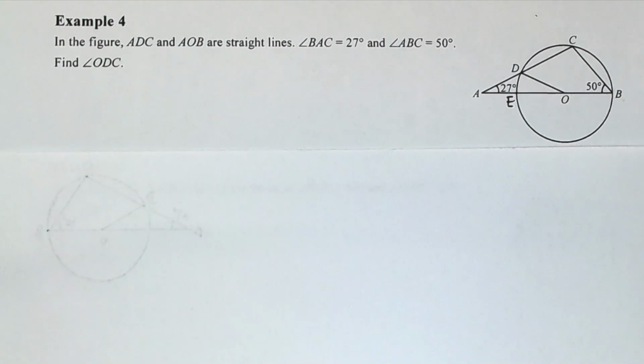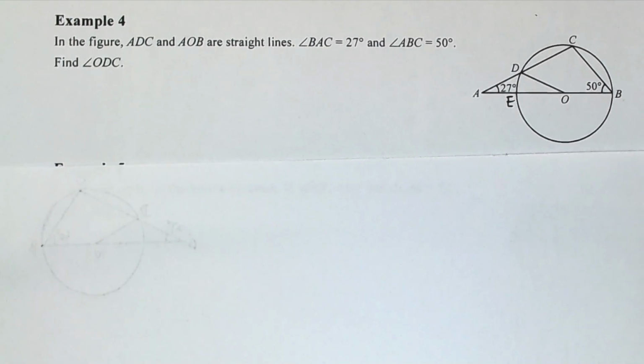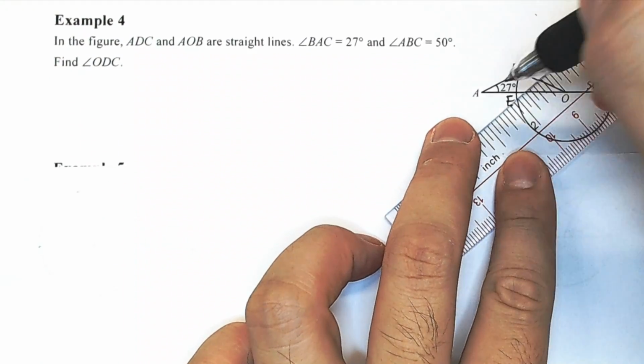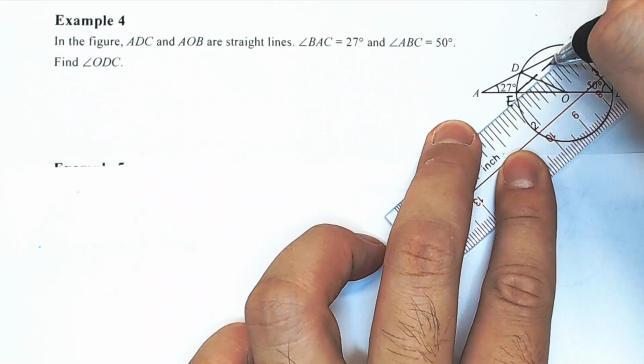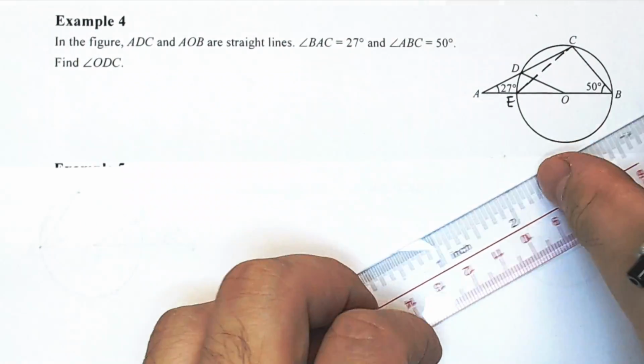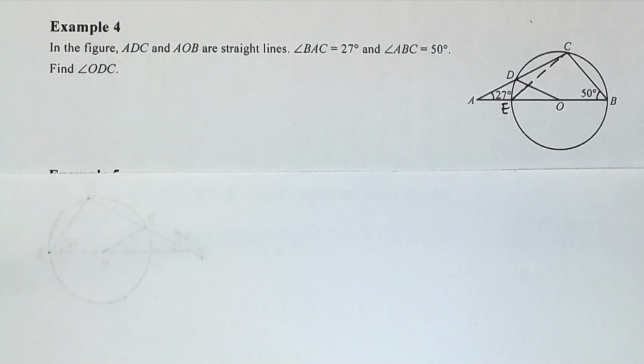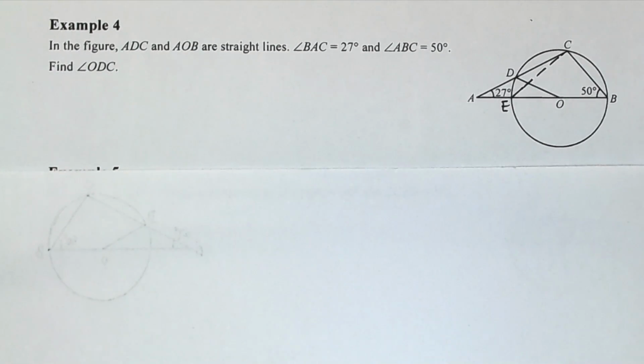In order to use this, you may need to join CE. After joining CE, you should figure out that you have an angle in a semicircle, and you can use the exterior angle of a triangle to move the 27 degrees back to the circle.